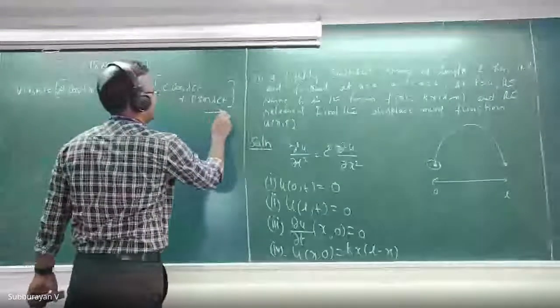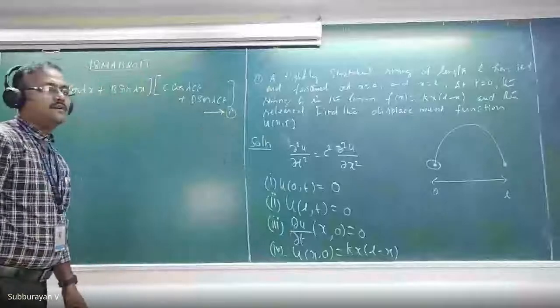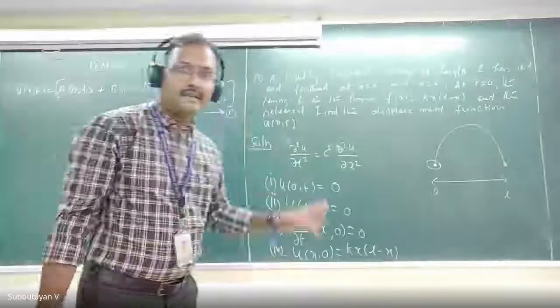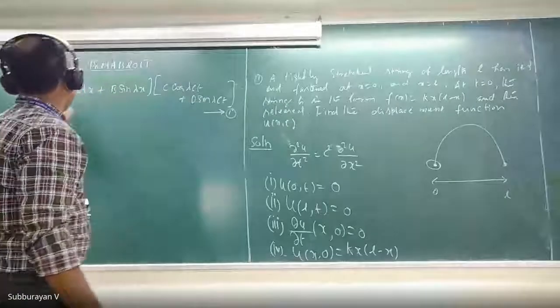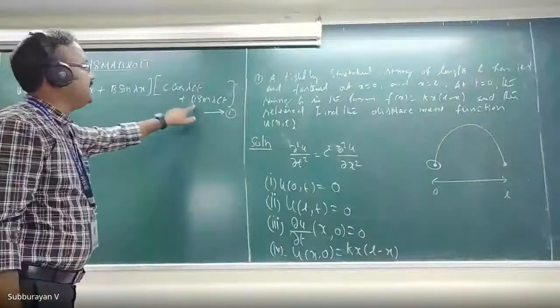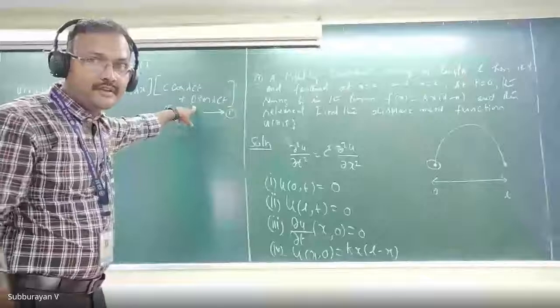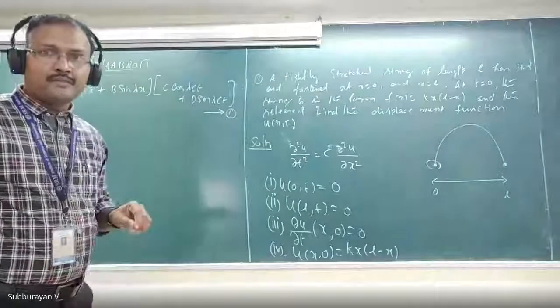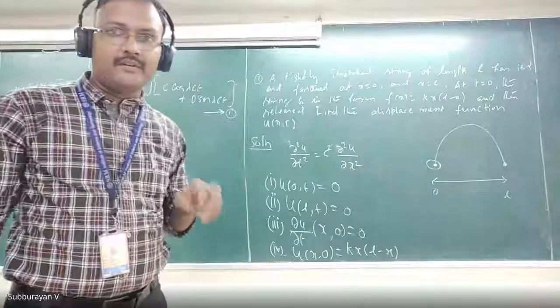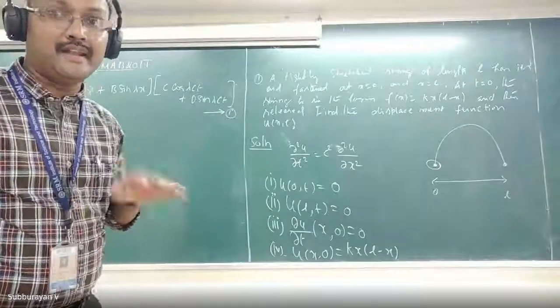I call this equation number 1. This is the suitable solution, but there are arbitrary constants A, B, C, D that we have to determine from the boundary conditions, and λ is also unknown. We have to determine the value of λ.